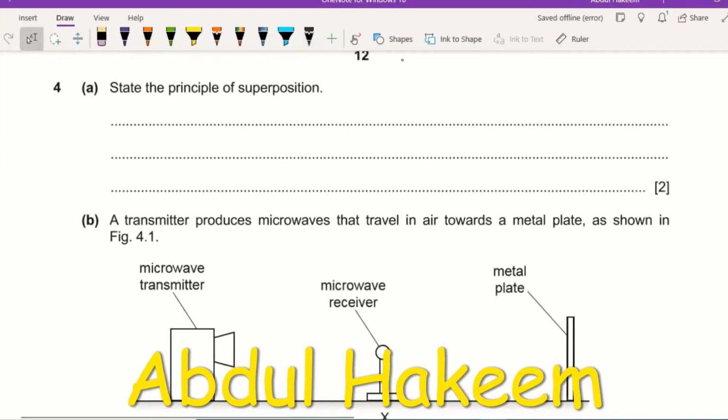Now the question number 4. The question is, state the principle of superposition.